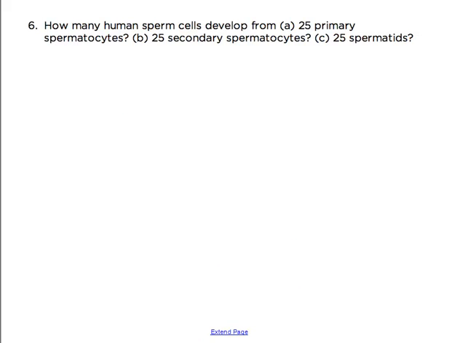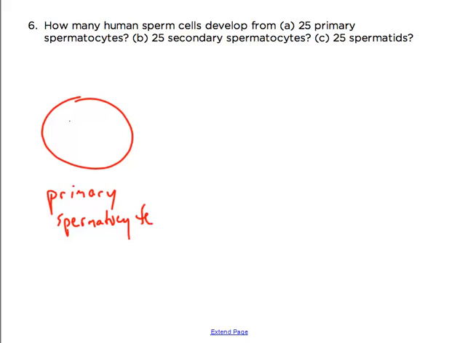Question 6 asks, how many human sperm cells develop from 25 primary spermatocytes in A, 25 secondary spermatocytes in B, and 25 spermatids in C? This question is easy if you understand it. We basically have to understand gametogenesis in males: you start off with the primary spermatocyte, right? And that primary spermatocyte is 2N.